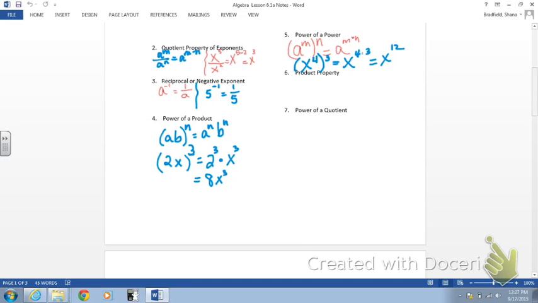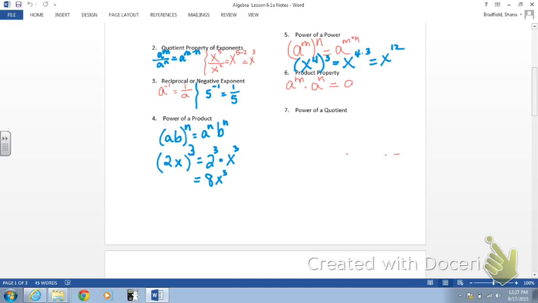On number 6, you've got the product property. That's similar to the quotient property of exponents, except we're multiplying. So if I have a to the m times a to the n, notice we have like bases, both a's are the same, then I'm going to add the exponents.